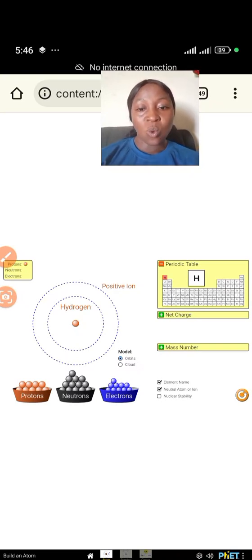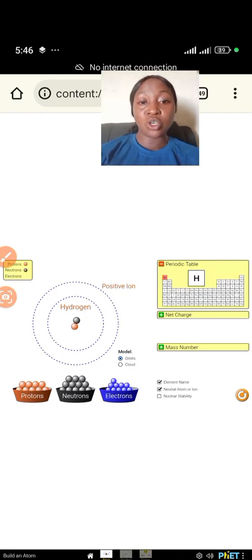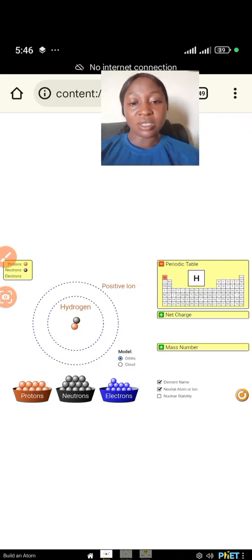So that is one proton, and that is hydrogen. It means hydrogen contains one proton. That's one neutron, and that's also hydrogen. So it means hydrogen contains one neutron. So let's check for the electron. This is the electron.